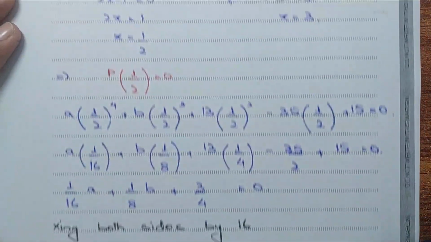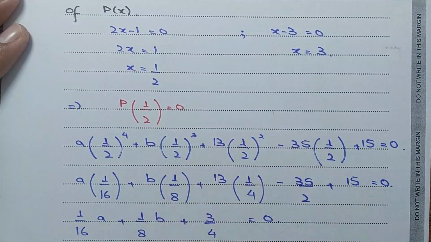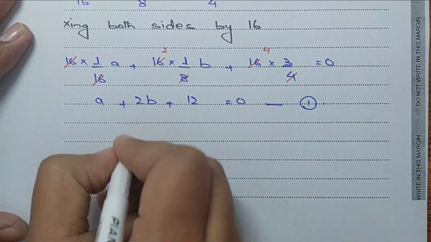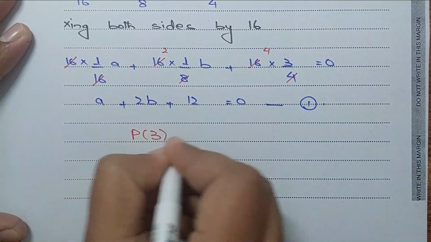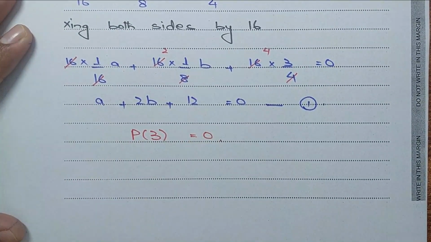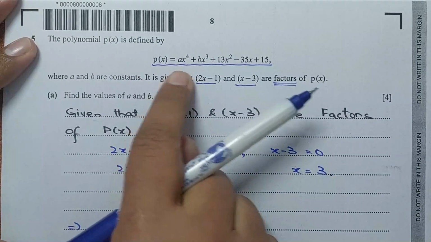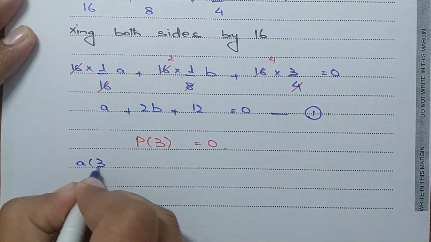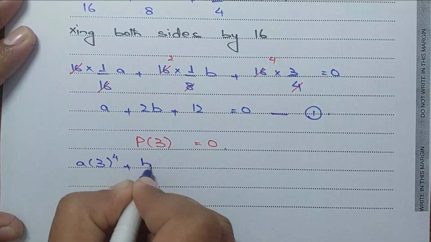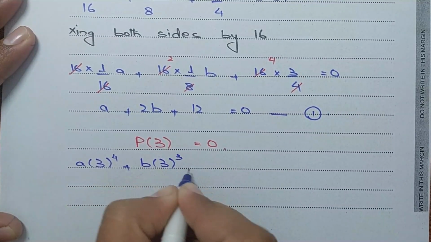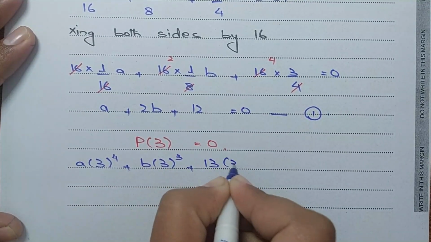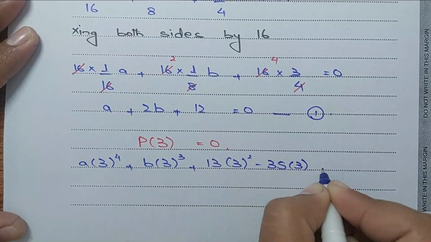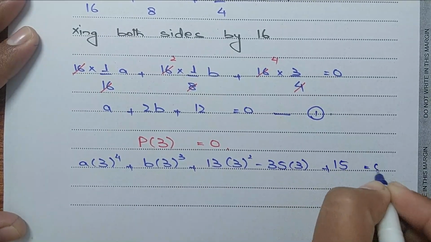Now the second piece of information: p of 3 is also equal to 0 because this is also a factor. So substitute x equals 3 in the whole polynomial: a times 3 to the power 4, plus b times 3 cubed, plus 13 times 3 squared, minus 35 times 3, plus 15 equals 0.